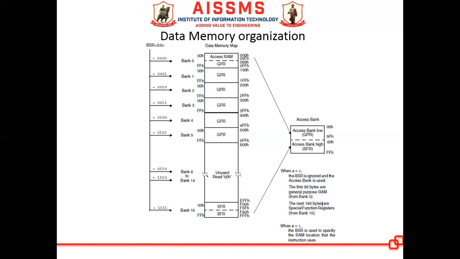And if you're working with the access bank, then for the part 000 to 05F, the first 4 bits will be 0, and for the area from F60 to FFF, the first 4 bits will be taken as F, that is 1111. So this is how the data memory is organized.